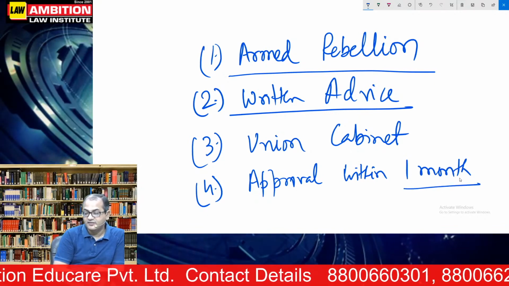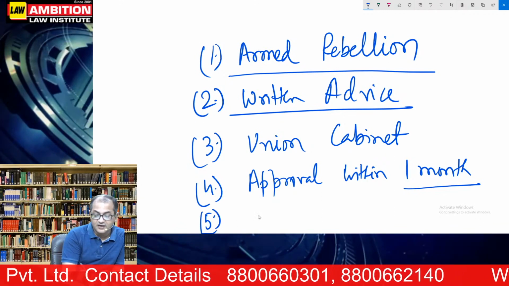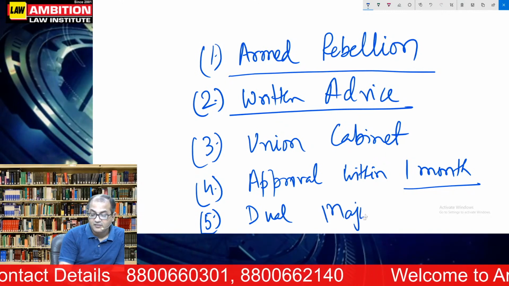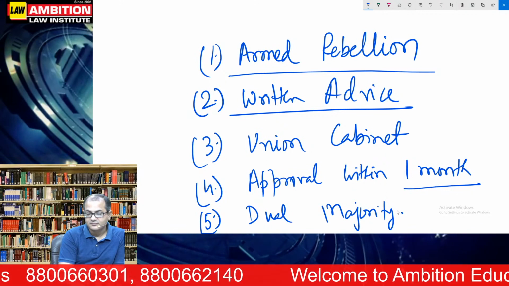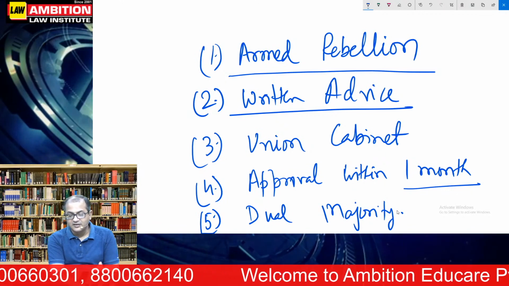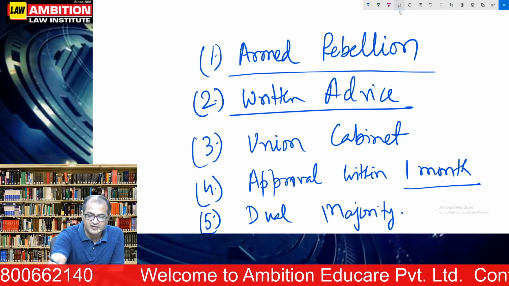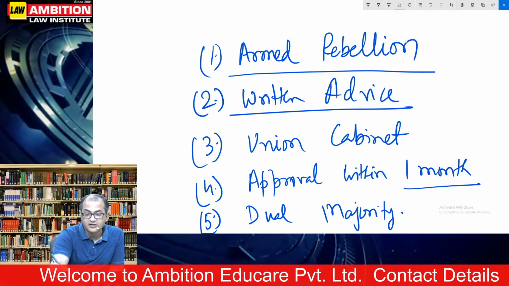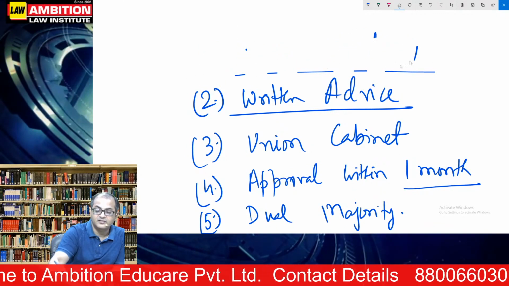Now it is 1 month. Fifth safeguard, it is now dual majority. Earlier it was simple majority. Earlier it was not clear for how many years and months it would last. Now it is clear that after 6 months you will have to take approval of Parliament again.